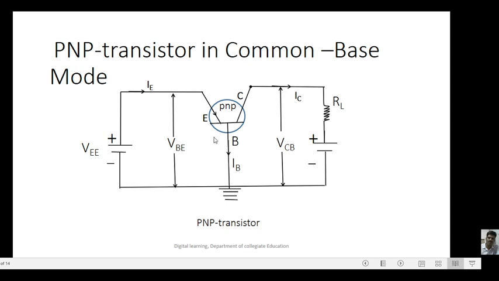From the base, the left side is the input device and the right side is the output device. Here also the same thing is happening as in the case of the NPN transistor, but the current direction is reversed.